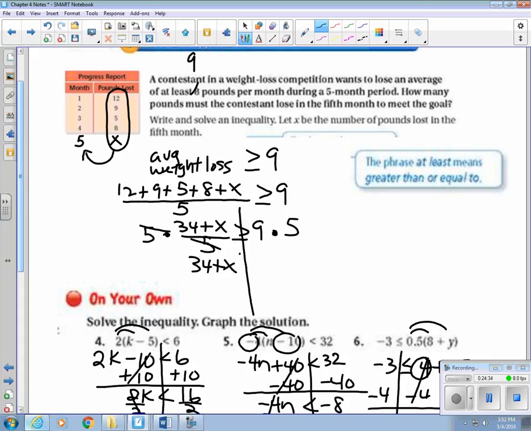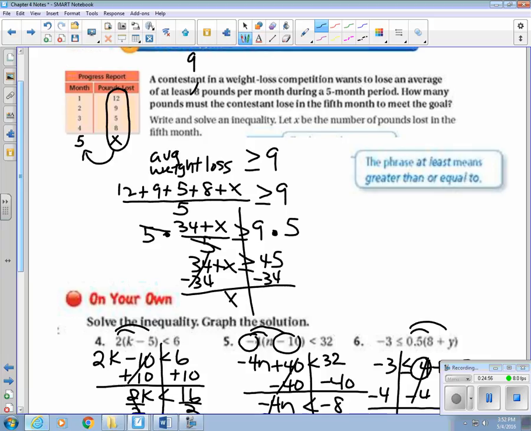All right? I bring down my inequality symbol, and 9 times 5 on the right side is 45. So now I need to continue solving by getting rid of this 34. It's a positive 34, so I'm going to get rid of it by subtracting 34 from both sides. And when I do that, the 34 and minus 34 cancels out to 0.